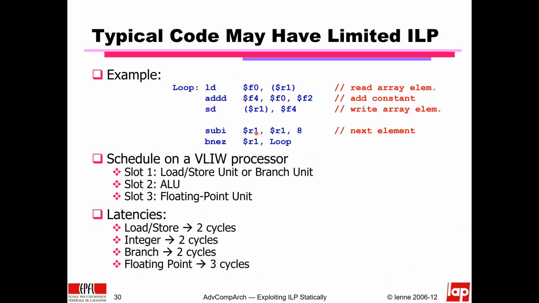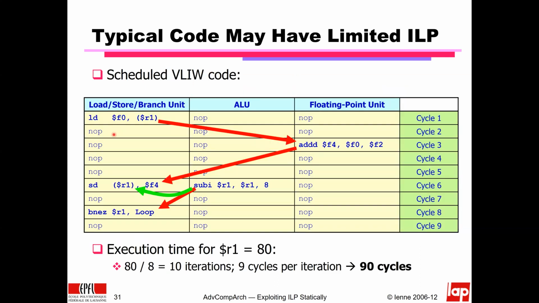Again, don't be too picky on my numbers of cycles, but basically this is much faster to execute. Very soon I will have this R1 available, and now I can issue this second load. Let's not be too picky whether it happens on the second cycle, third cycle, or fourth cycle. It's not very important.